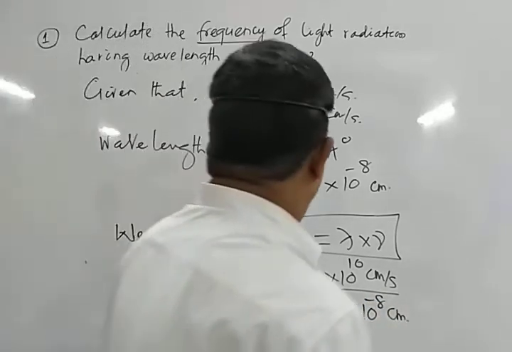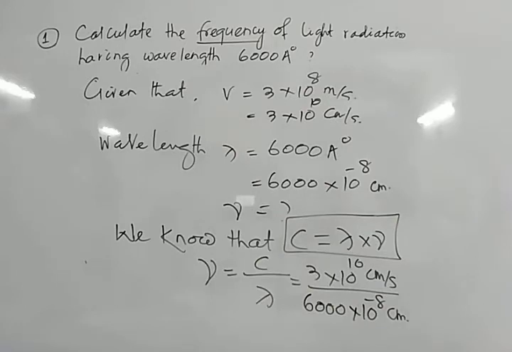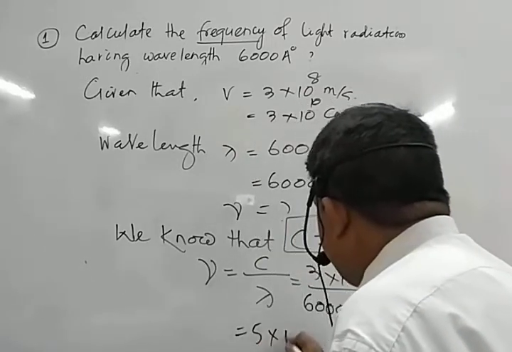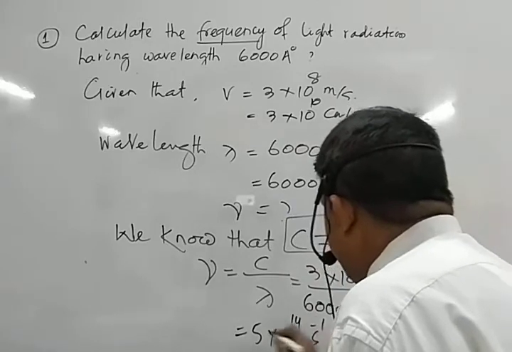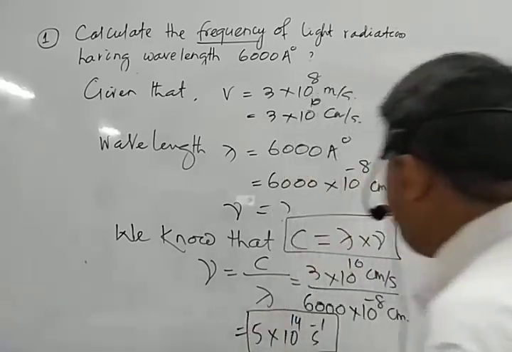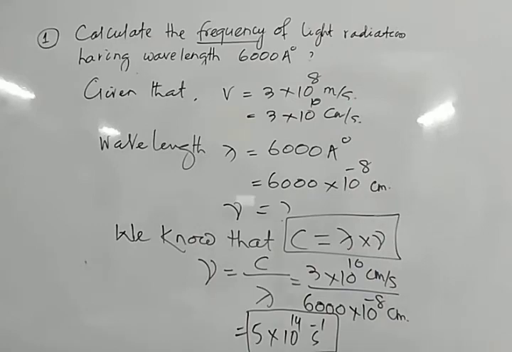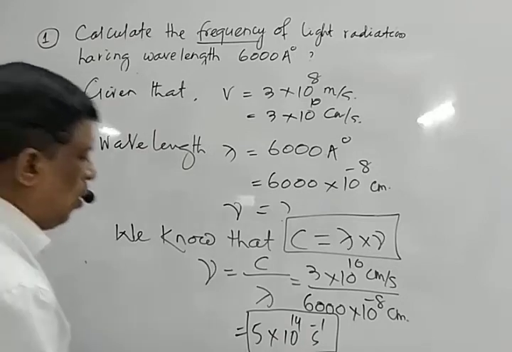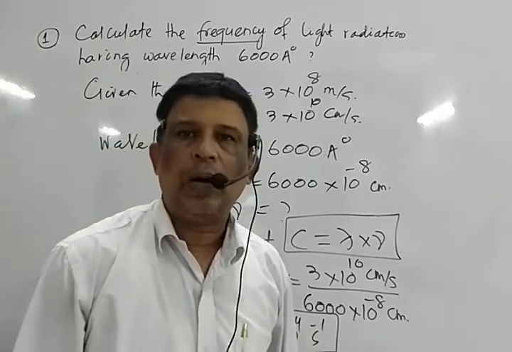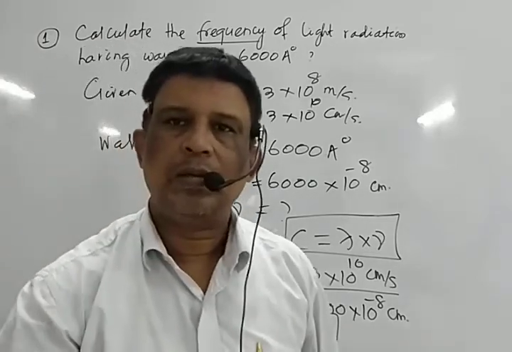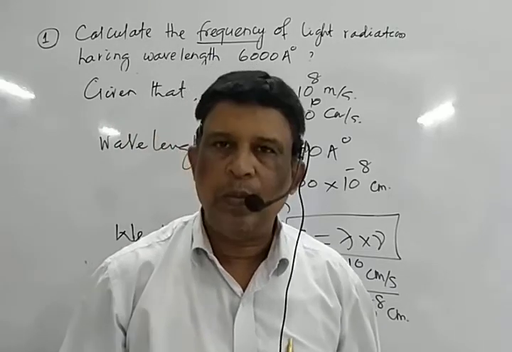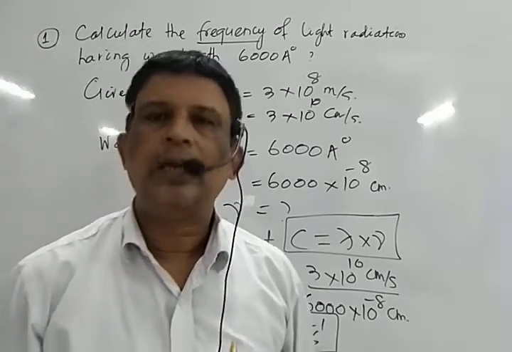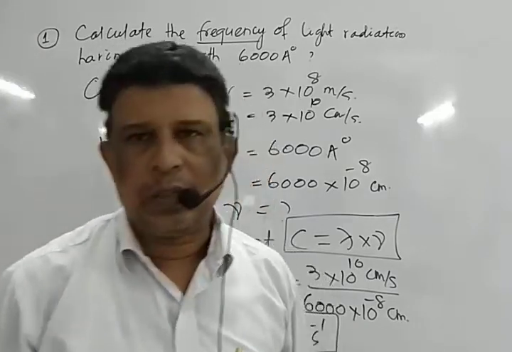On solving, the answer is nearly equal to 5 into 10 to the power 14 second inverse. Either you write hertz, or cycle per second, or simply second inverse. These are the one or two problems relating to the relationship between wavelength, frequency and velocity.